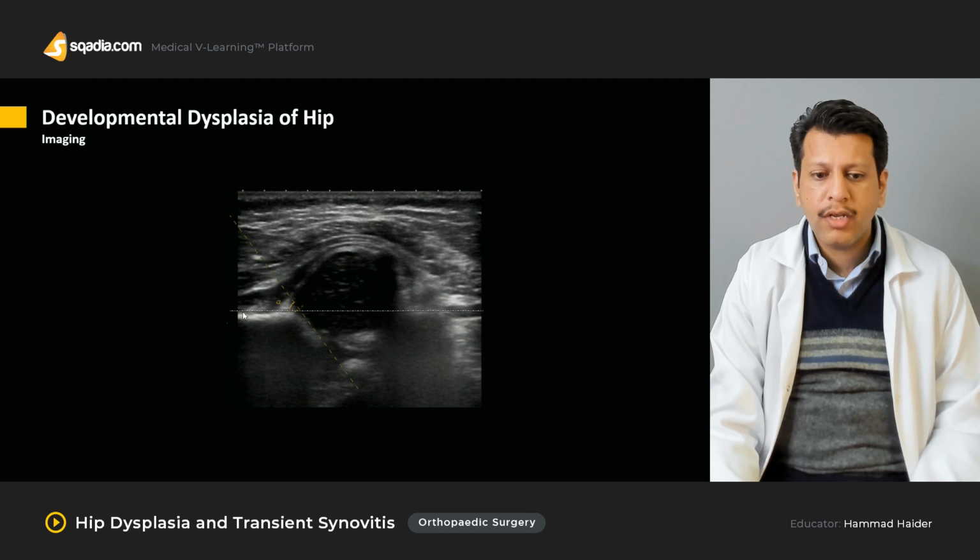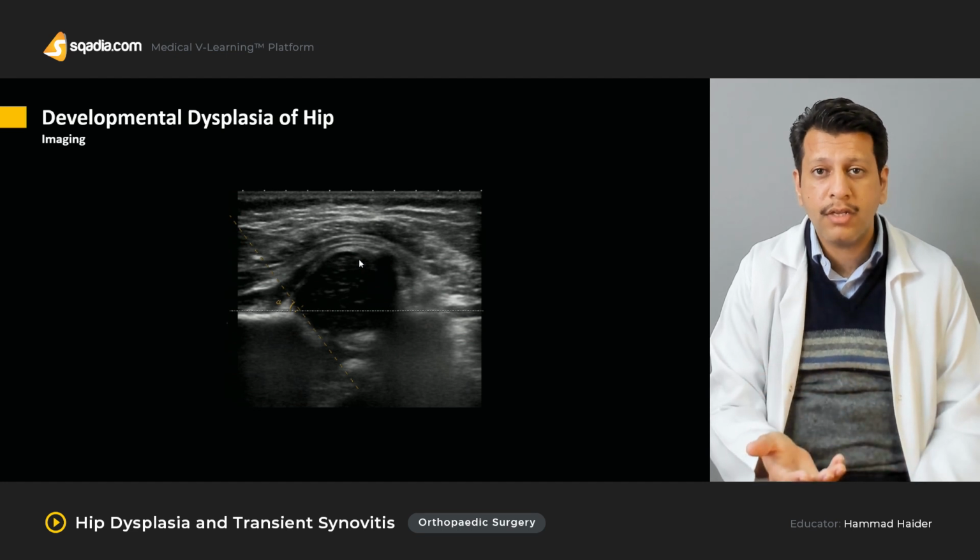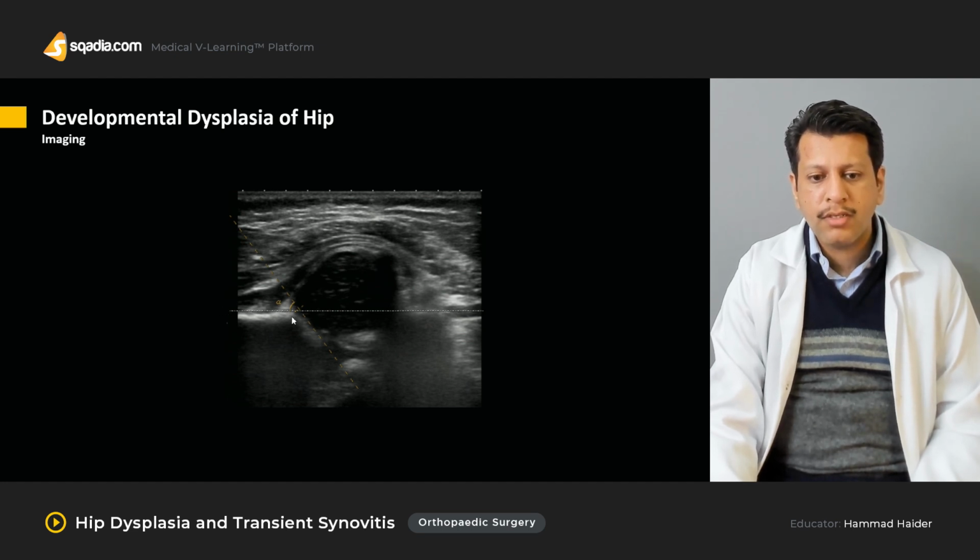If you see over here, this is basically the point of triradiate cartilage. These are the muscles, the glutei. There is the cartilaginous acetabulum, which is usually not visible on the X-ray, but on ultrasound you can appreciate it. Then this is the bony acetabulum. This is the triradiate cartilage point and the iliac crest.